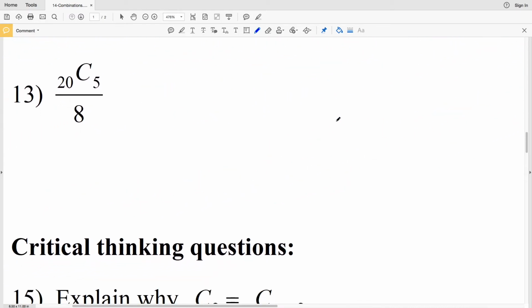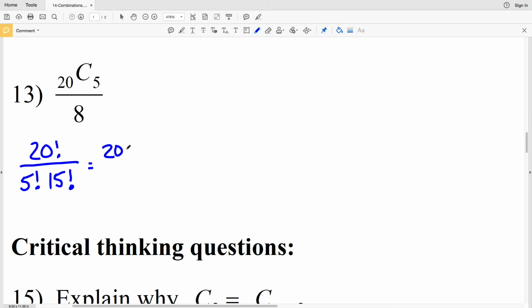In number 13, I have 20 choose 5, but I'm dividing by 8. 20 choose 5 is 20 factorial all over 5 factorial times 20 minus 5 factorial, which is 15 factorial.